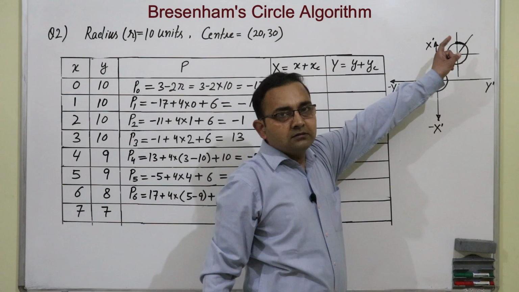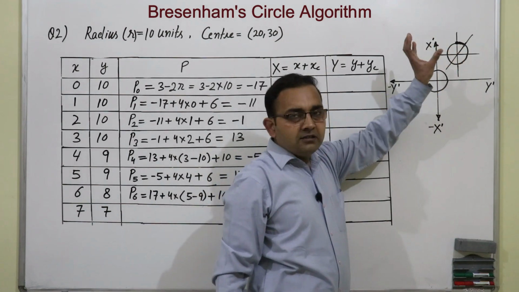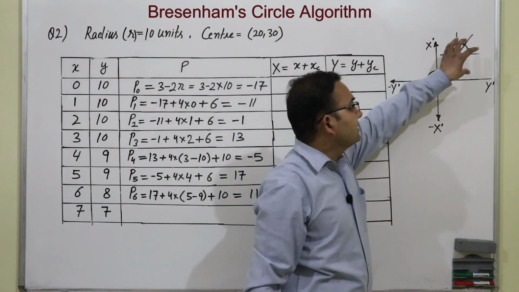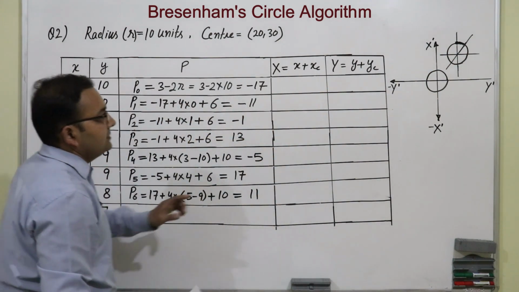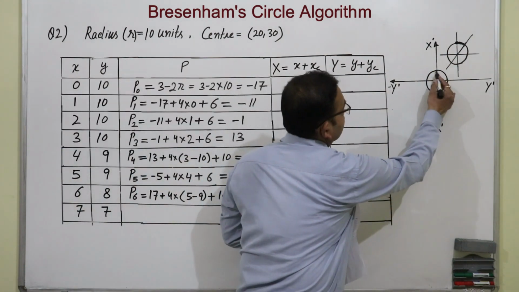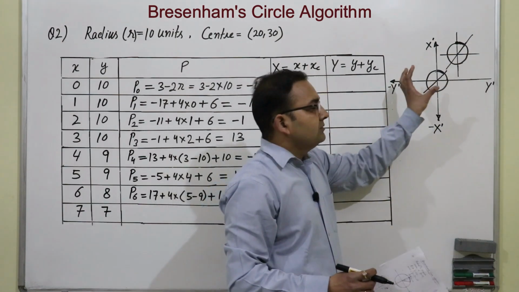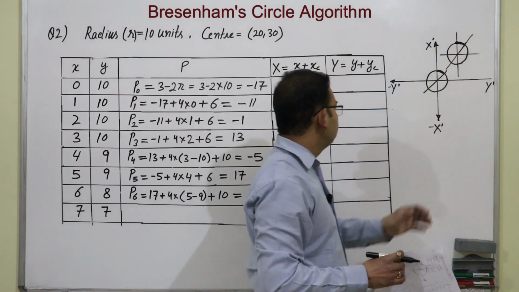So, it is the permanent circle, and it is the temporary circle. Again I am telling, we are bringing this circle to this position, finding the coordinates of this portion, and now we are back translating it to the original position.